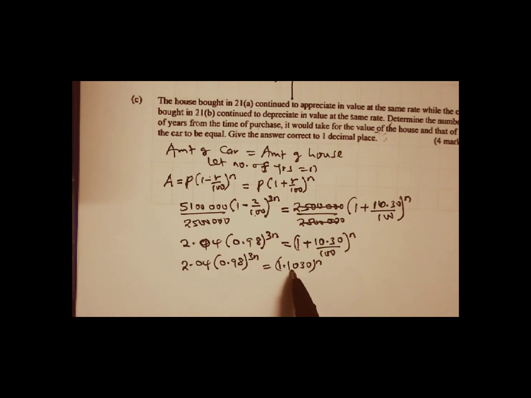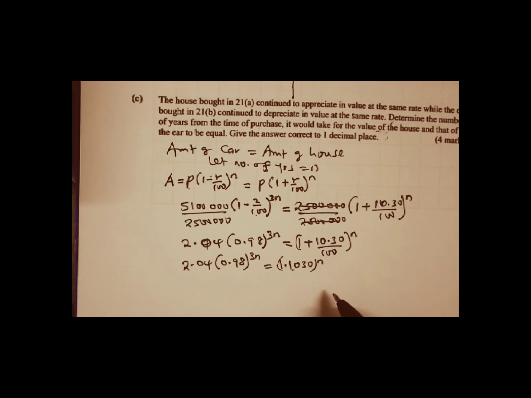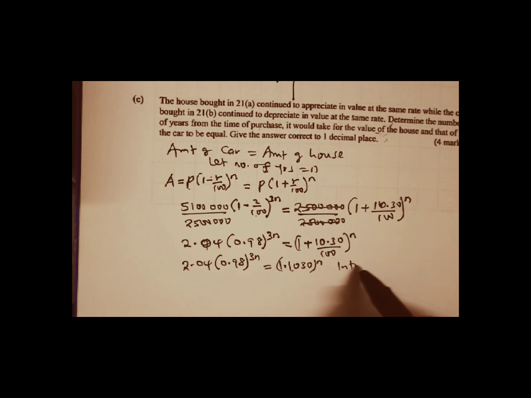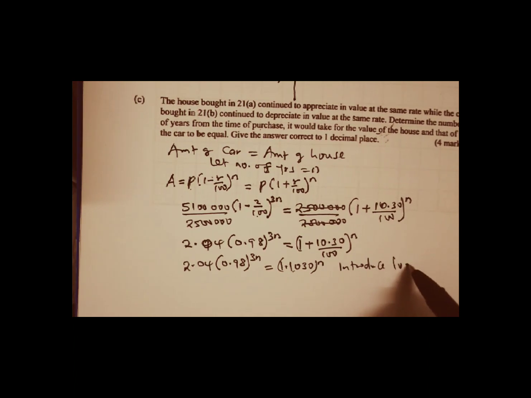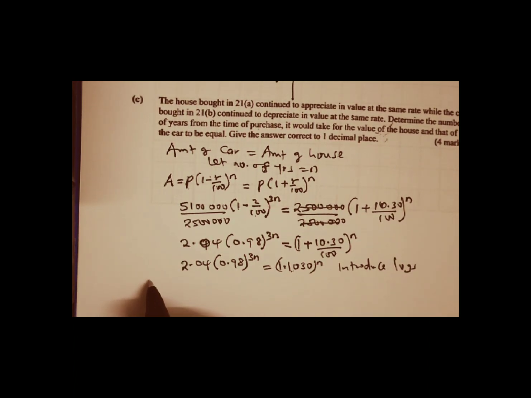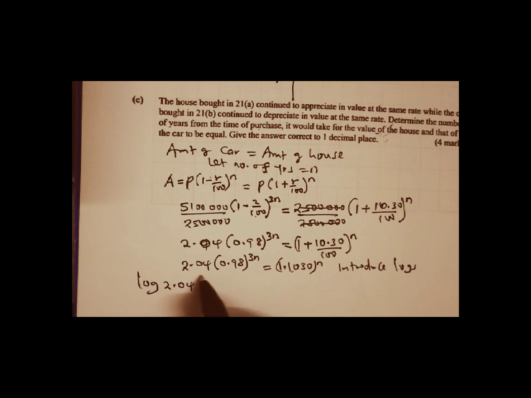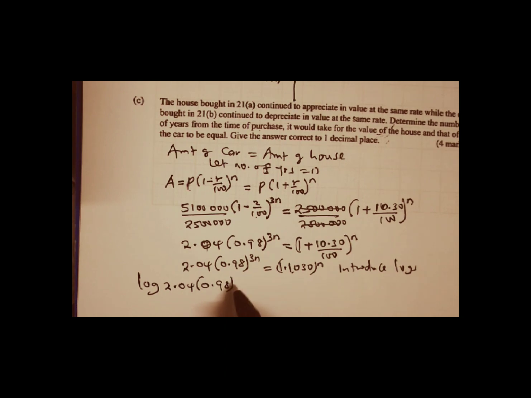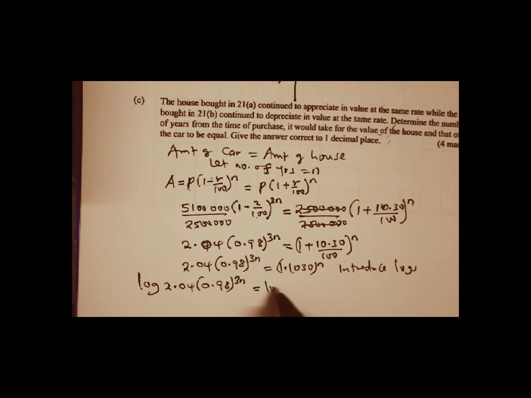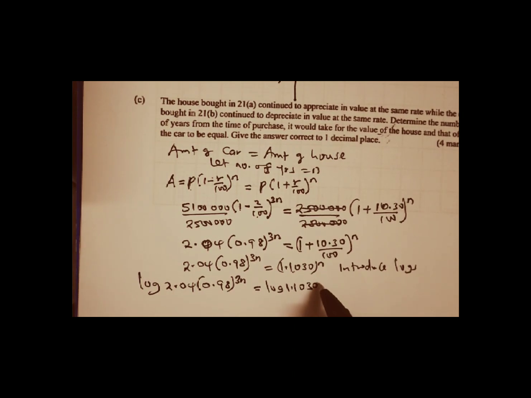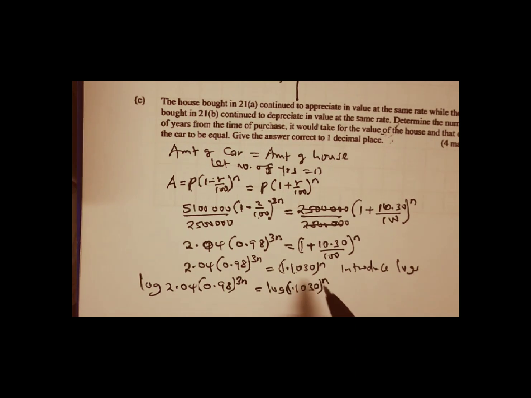This value is obtained by taking 1 plus 10.30 divided by 100. From here we can now introduce logs on both sides, and therefore we are going to have log of 2.04 multiplied by 0.98, everything raised to 3n, equal to the log of 1.1030 raised to n.